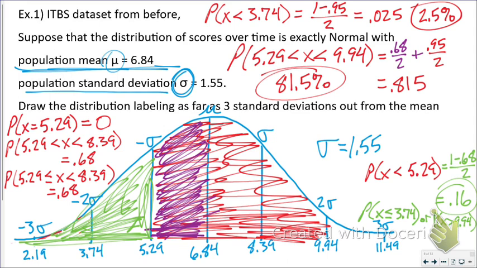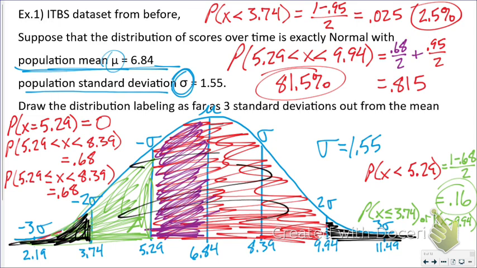Let's use black. So I'm going to shade where this last question is asking. So left of 374 and right of 994. And that's a pretty easy one, right? Because I know in between those two marks is 95, so it's just 1 minus 95. So that is 5%.